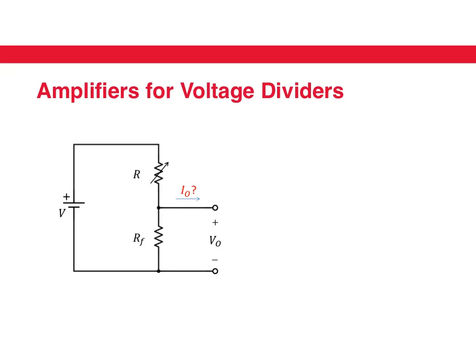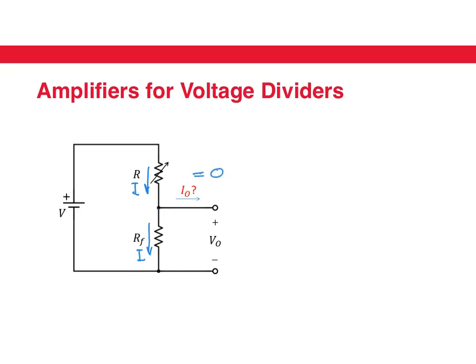The assumption that we make as we write equations for the voltage divider is that whatever current flows through the variable resistor also flows through the fixed resistor. So this I is the same as this I, right? That means that we are assuming that there is no current drawn out of the voltage divider through the output terminal. So I naught is essentially equal to 0.